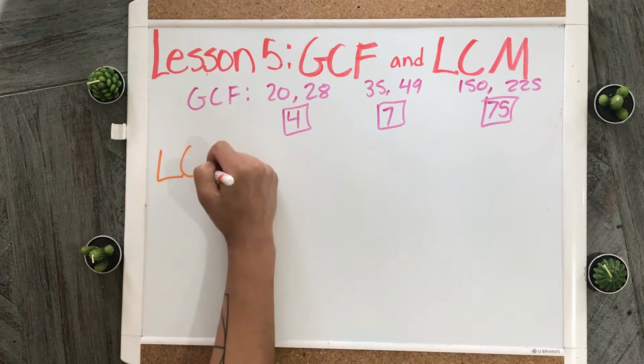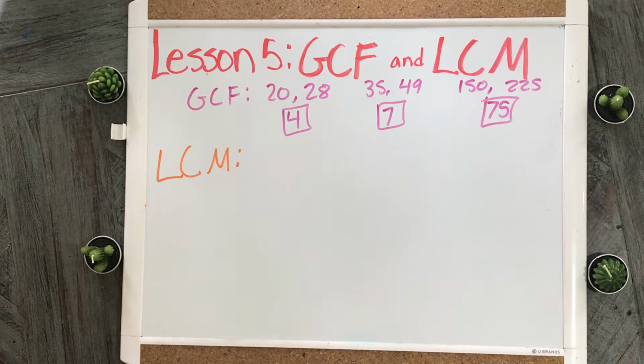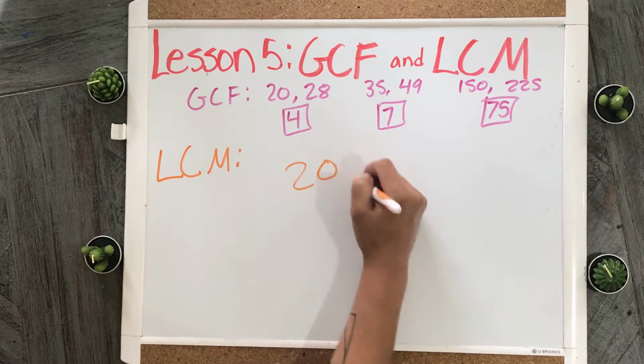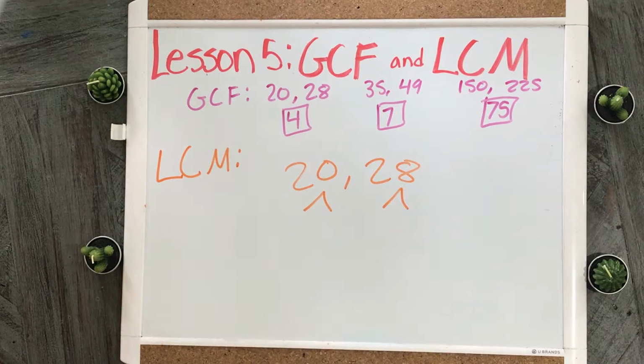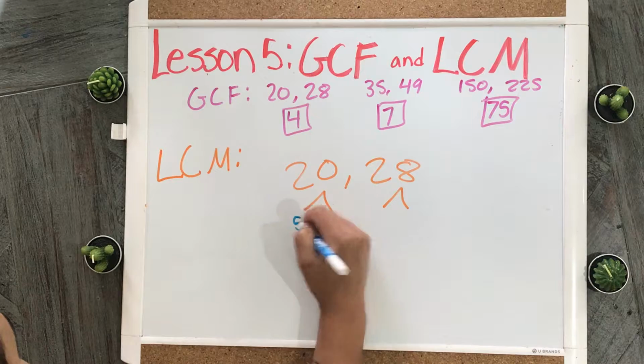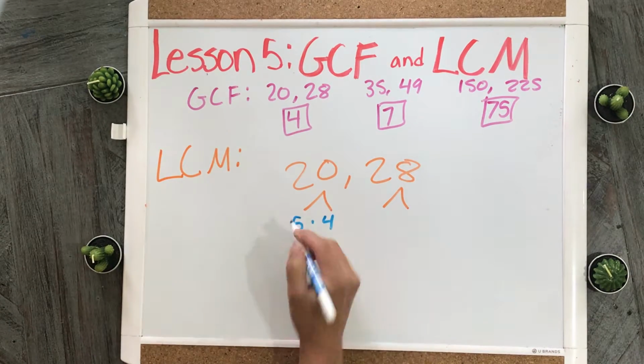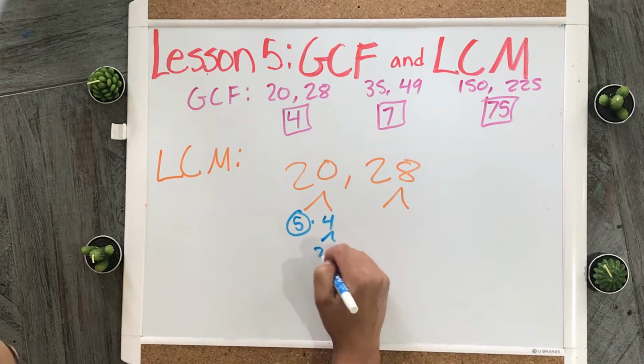Now the LCM, what we will be doing is we will not just use what is in common. We will multiply all of the factors, okay? So let's again find it for 20 and 28. All right, so you can use the same. I multiplied 5 times 4 to get to 20. 5 is prime, 4, we multiplied 2 times 2.